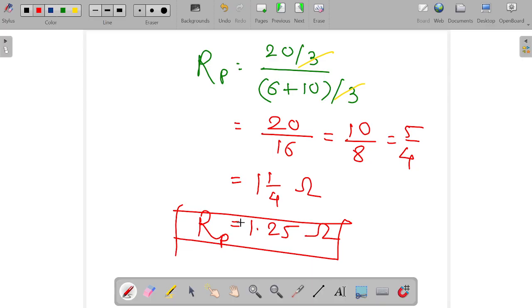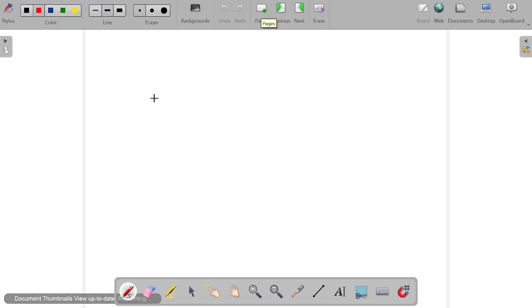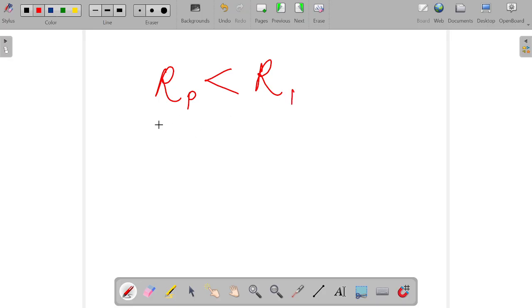Here one more thing I will tell you. Always try to generalize the answers from the parallel combination: you will always get the effective resistance in the parallel combination less than the individual resistors. So for parallel resistors, this Rp value is less than the individual resistors.